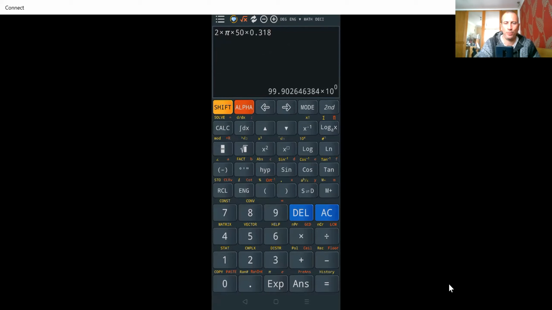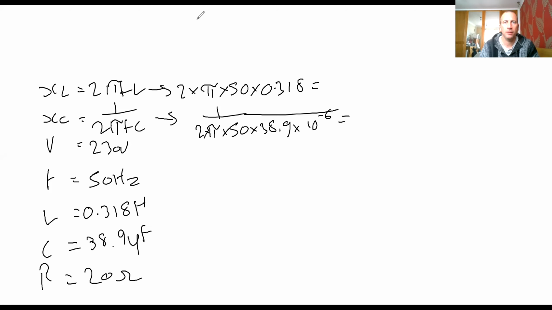We've got 99.9 ohms for that. So we put that in: 99.9 ohms. And if we remember, it's not a real resistance, so we should put a J in front of that just so we don't forget.